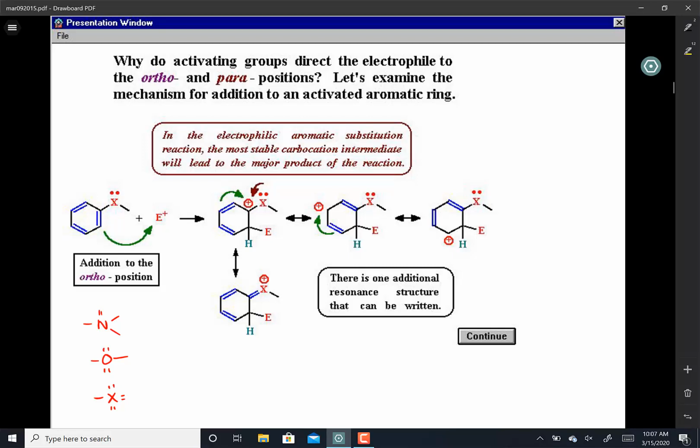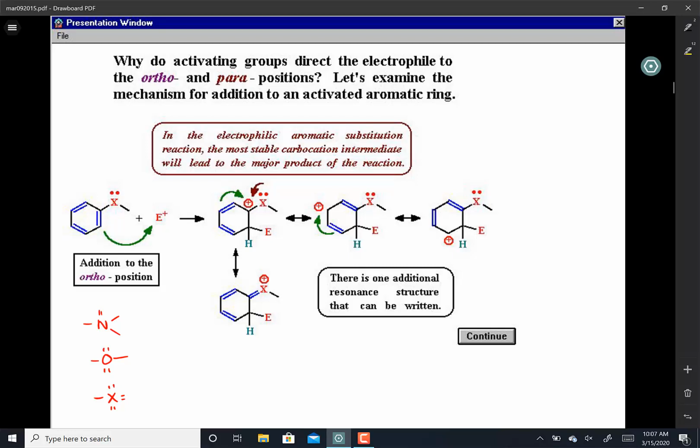You're usually always able to form these three resonance structures, which we wrote in class last week, but now I can get an additional fourth resonance structure because the atom that's attached to the ring has a lone pair and is able to donate that to form that fourth resonance structure. So halogens, while they're deactivating, have that lone pair, and that's the reason why they are directing to the ortho and the para positions.